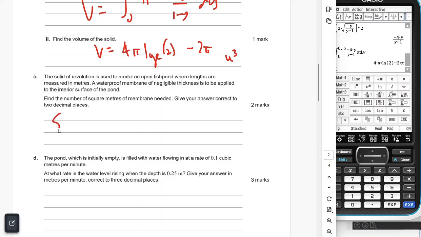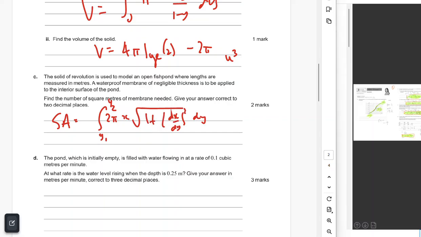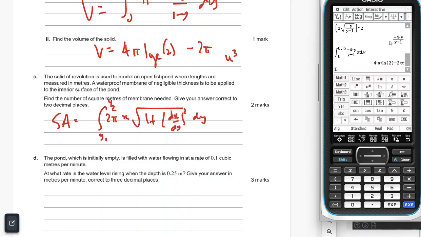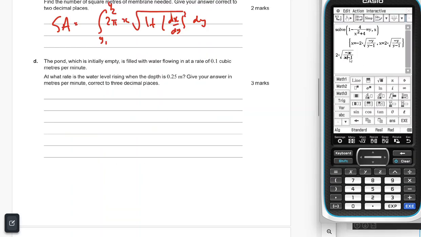Okay, so we want the surface area of the membrane, which will be the integral from y1 to y2 of 2 pi x square root of, this is my x. So I need its derivative and then I need to square it. If I take the derivative with respect to x, that gives me that.